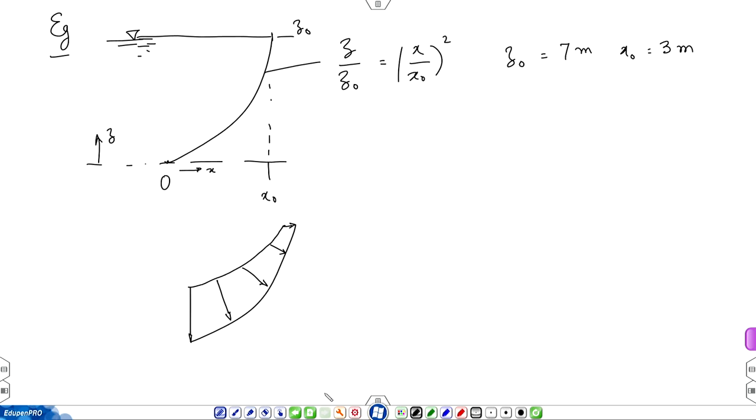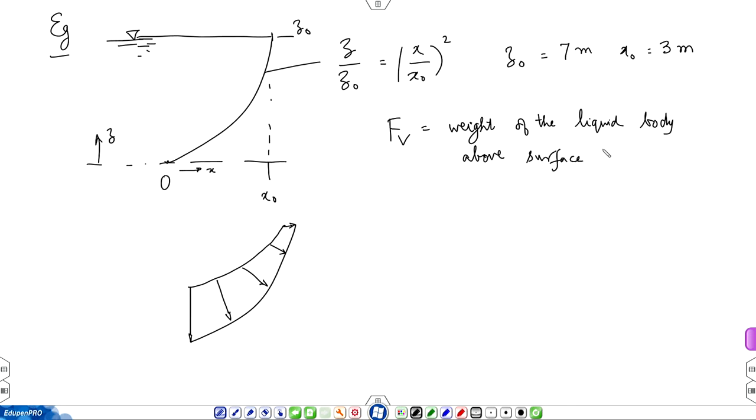Okay. So, set atmospheric pressure 0, then the vertical force is the weight of the liquid body above the object, above this surface.